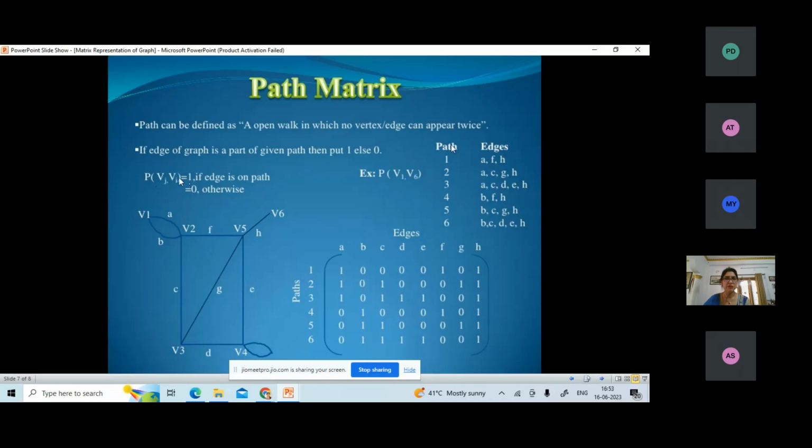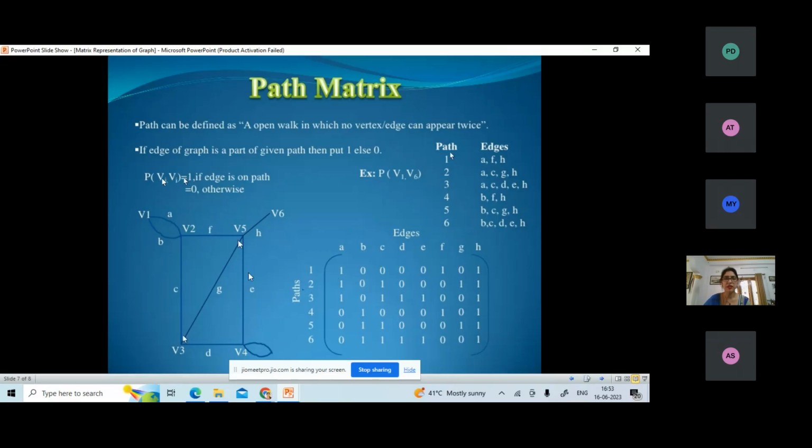For example, path 1 is A, F, J, and another is A, F, H. Second path: A, C, G, H. But remember, no vertex is repeated and no edge is repeated, which means the starting and end points are never the same.